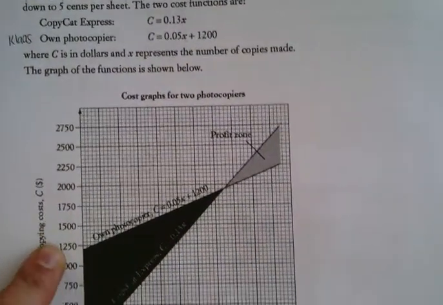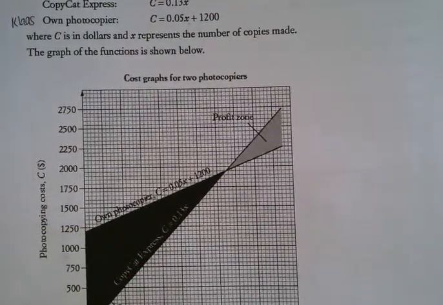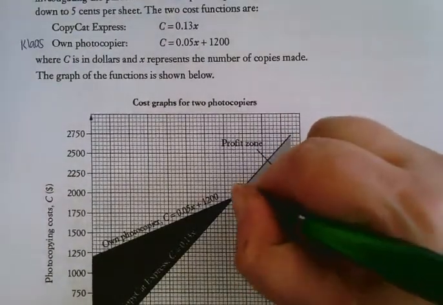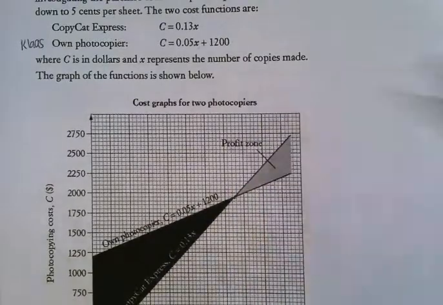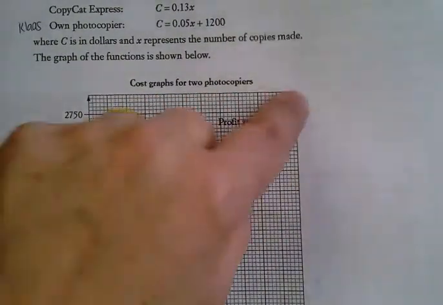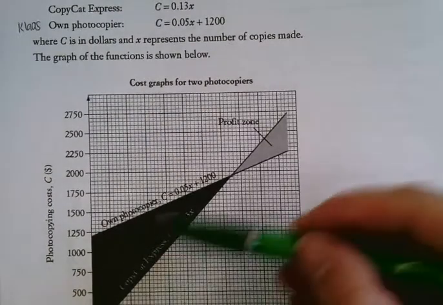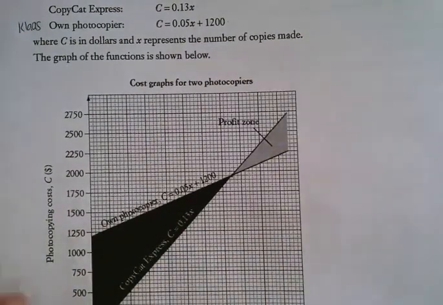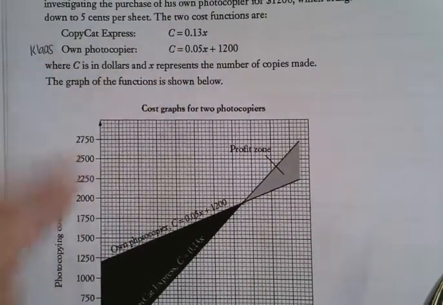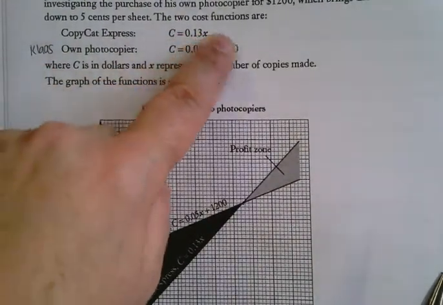Now, what they've done is they've graphed both these options. Now, there is a point of intersection right there. We've got a straight line there and a straight line there, and we've got a region here and a region here. Now, whose graph is 0.13x, which doesn't have a plus anything on it?